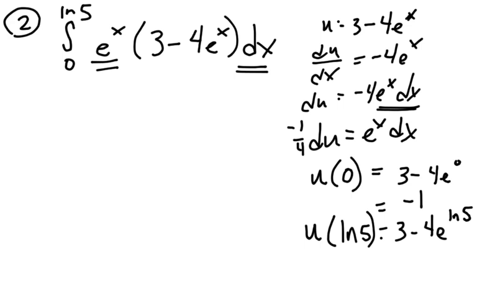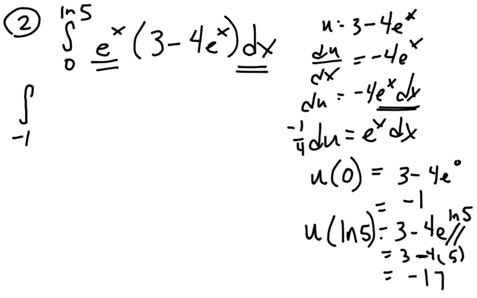And since the e and the natural log are inverse operations, they undo each other, and you're just left with the 5. So this is 3 minus 4 times 5, which is 20. So 3 minus 20 is negative 17.